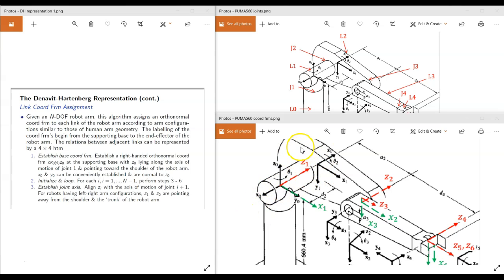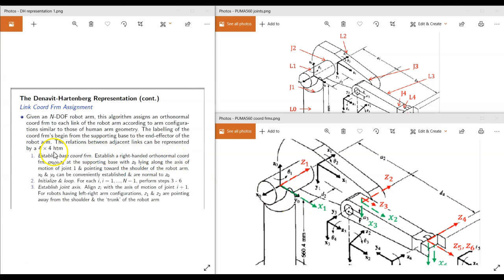This is your shoulder joint, this is your upper arm, elbow joint, lower arm, and your hand. So this is your Z0, and then it says X0 and Y0 can be conveniently established and are normal to Z0. You can establish X0 and Y0 accordingly following the right-hand rule.